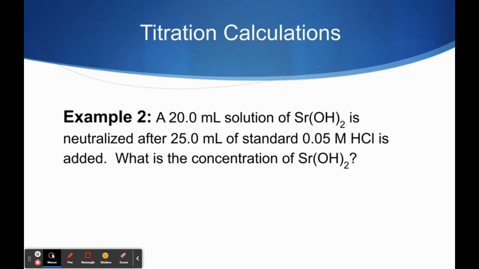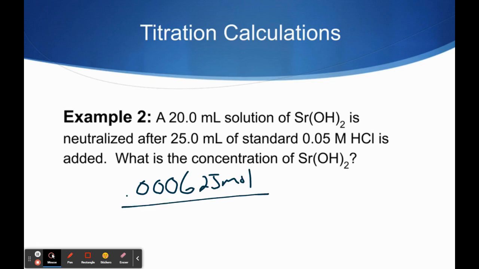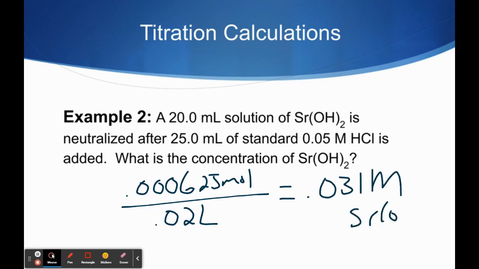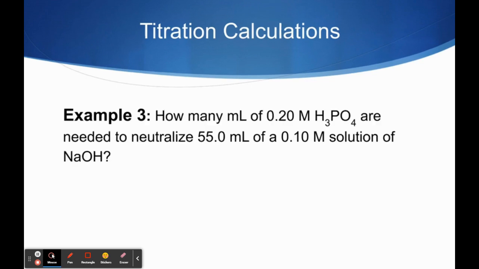So then our last step is to use the moles of Sr(OH)2 and divide by the volume of Sr(OH)2 used, which is 0.02 liters, and that gives us a concentration of 0.031 molar Sr(OH)2.